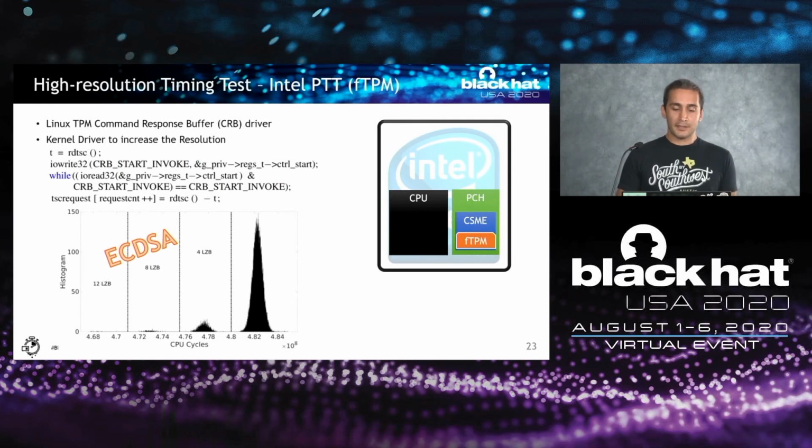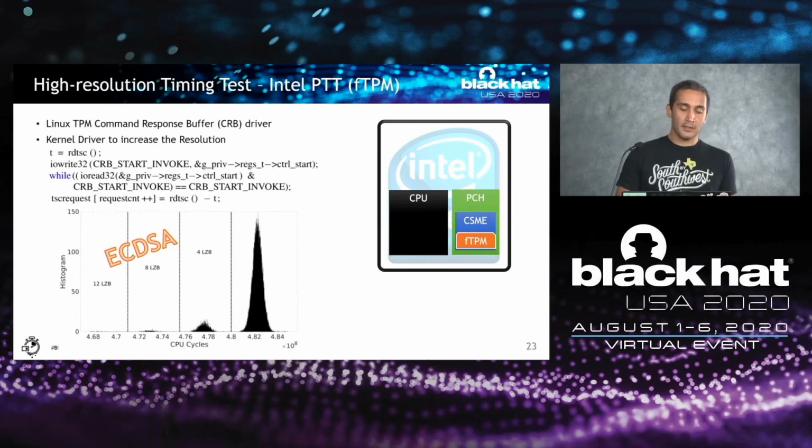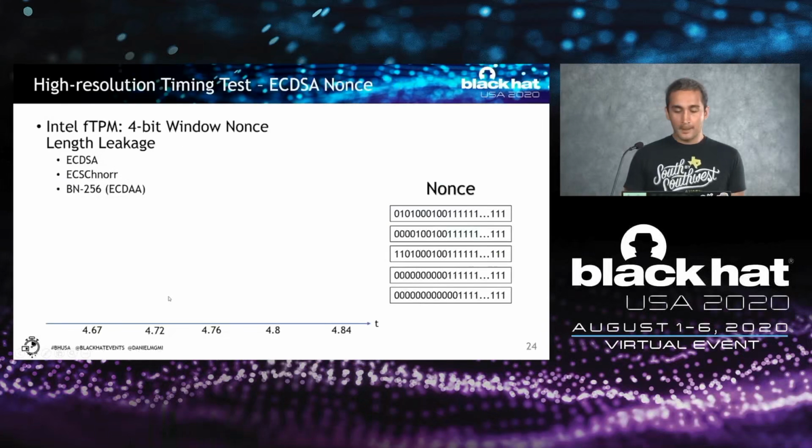By doing that, we get a very high resolution timing of what's actually going on, or if there is anything interesting. And when we did that, we saw that this Gaussian distribution became even more separated, and we see that there are different brackets here in this timing operation that is measured with a root axis.